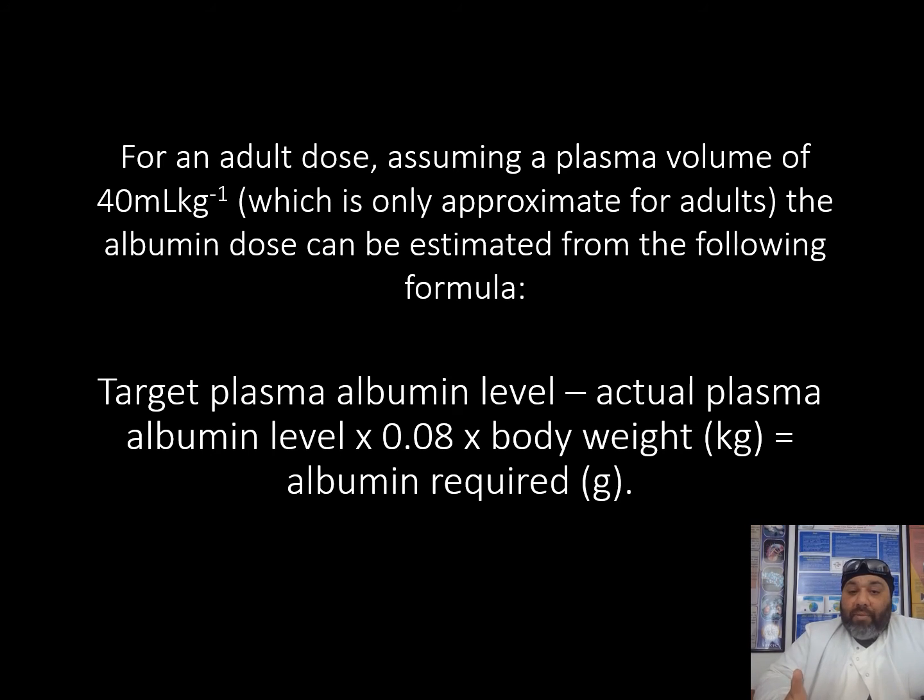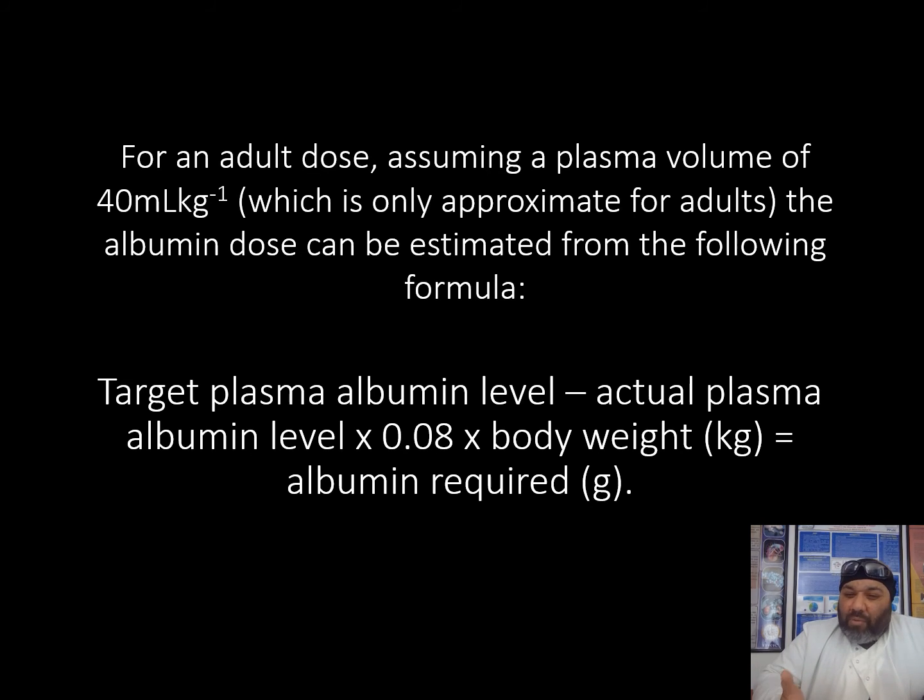And so the target plasma albumin level minus the actual plasma albumin level, multiplied by 0.08, multiplied by the body weight in kilograms, equals the actual amount of albumin required, and the albumin required is already within the vials as mentioned.